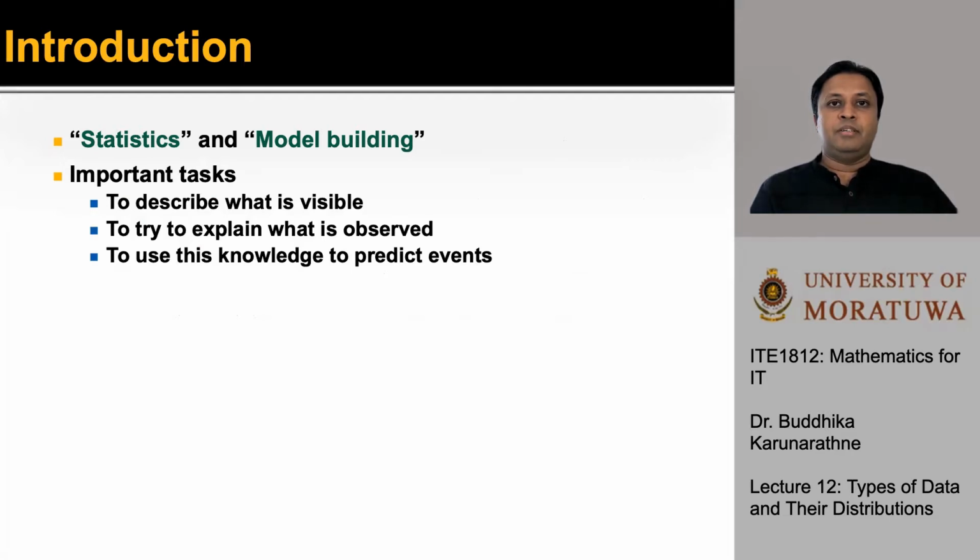So we should be able to describe what is visible and try to explain what is observed, and eventually use this knowledge to predict events. From historical data, you will be looking at predicting any future outcomes. So this is when data representations and statistics come into play.